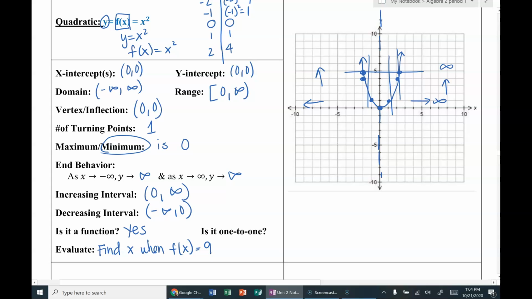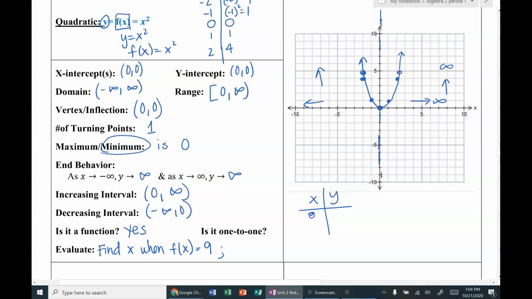Take a moment, find the answer, and let me know what you got. Okay, I don't have 9 graphed here, but that doesn't mean you can't find it. We can go back to the chart and add in some more values. Here's x, here's y.